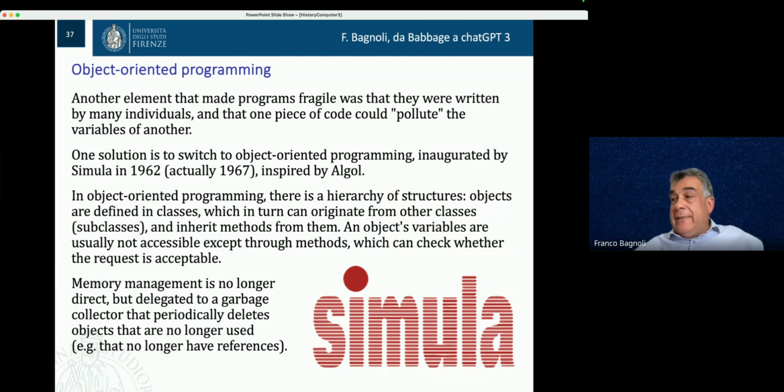But now you can have several programmers working on different pieces of the same operating system, and one, because I have not read all the documentation carefully, could put some inconsistent data and, for instance, make the system crash.